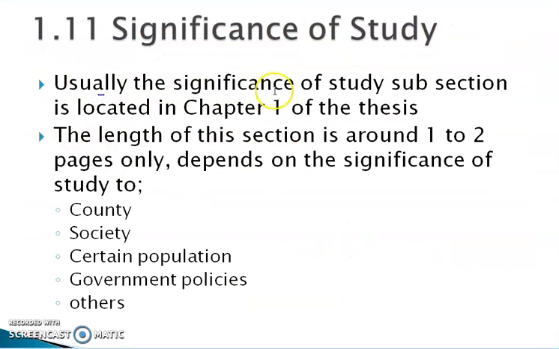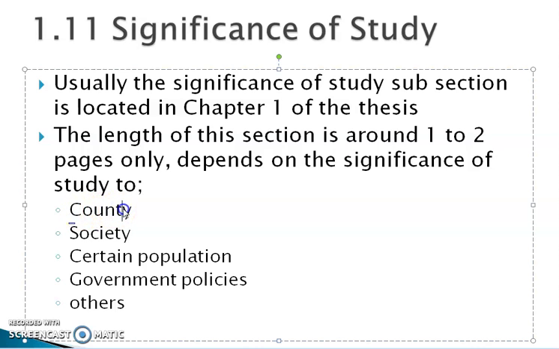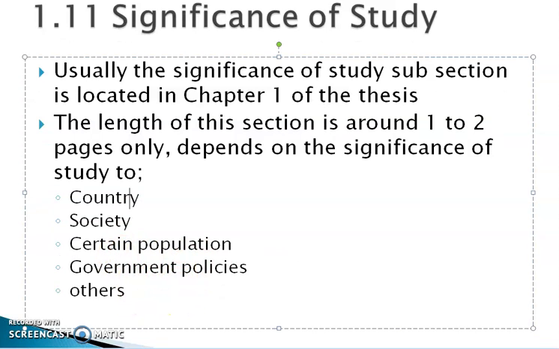Usually the significance of study subsection is located in chapter 1 of the thesis. The length of this section is around 1 to 2 pages only, depending on the significance of the study to the country, society, certain population, government policies or other.